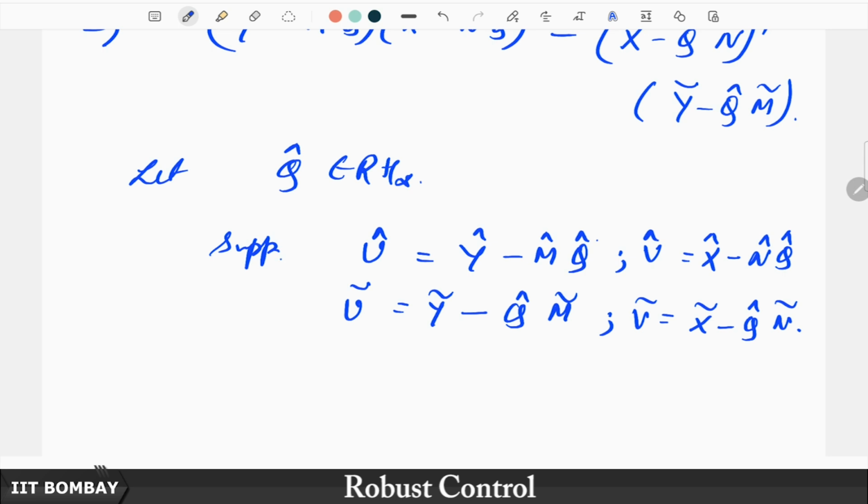So, we define these variables in this manner.